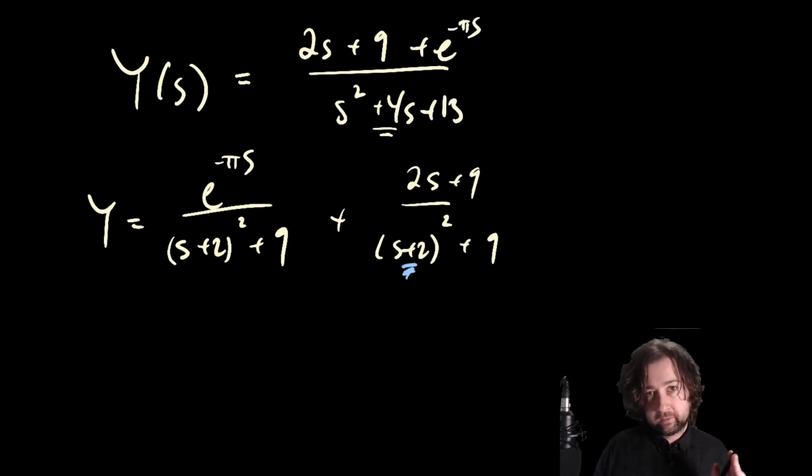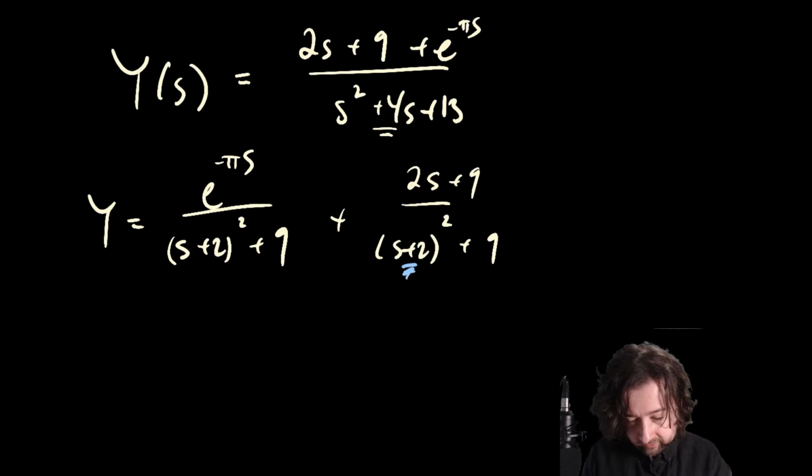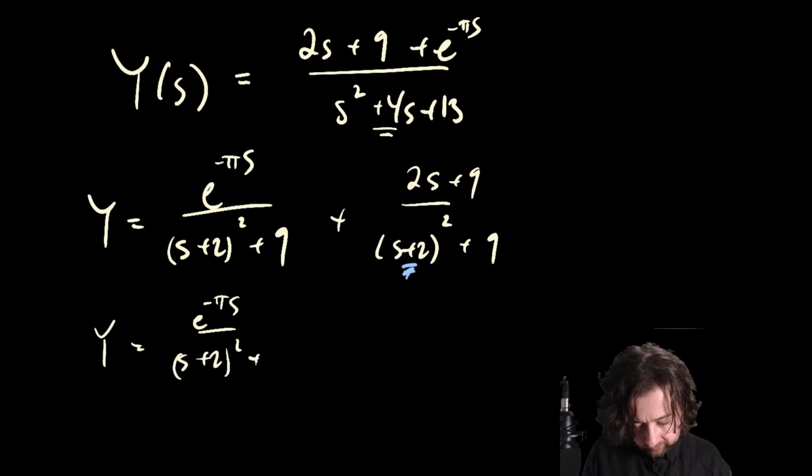Okay. From here, we're going to do our typical shifting theorem operation. And so we're going to rewrite this line as Y is equal to e to the minus pi s over (s plus 2) squared plus 9.